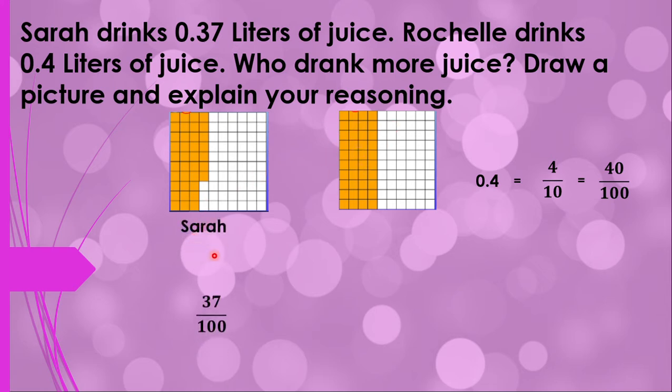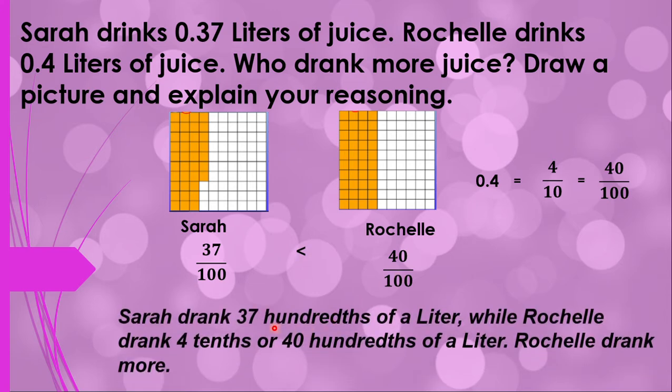Sarah has 37 hundredths, whereas Rochelle has 4/10 or 40 hundredths. So when the denominators are same, who drank more? Rochelle, of course. So Sarah drank 37 hundredths of a liter, while Rochelle drank 4/10 or 40 hundredths of a liter. Rochelle drank more.